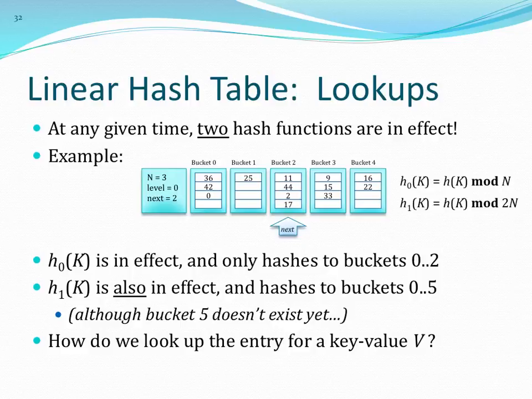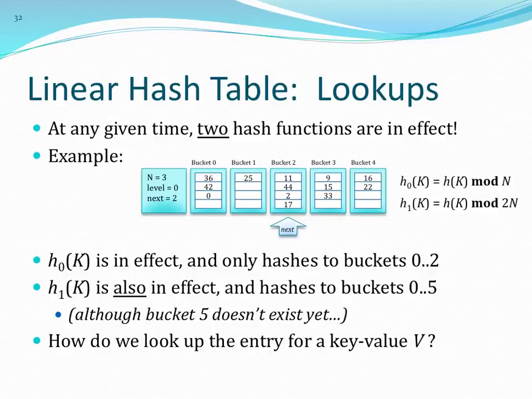So 44 has to be in that bucket. Now let's say we want to look up 15. Okay, that's a more interesting one. So I do 15 modulo 3, because that's h0 applied to 15. 15 modulo 3 is 0. And I say, okay, it could be in bucket 0, but next has already moved past bucket 0.